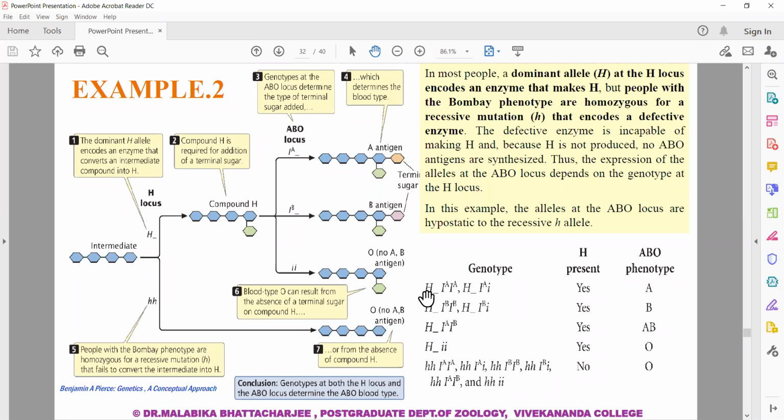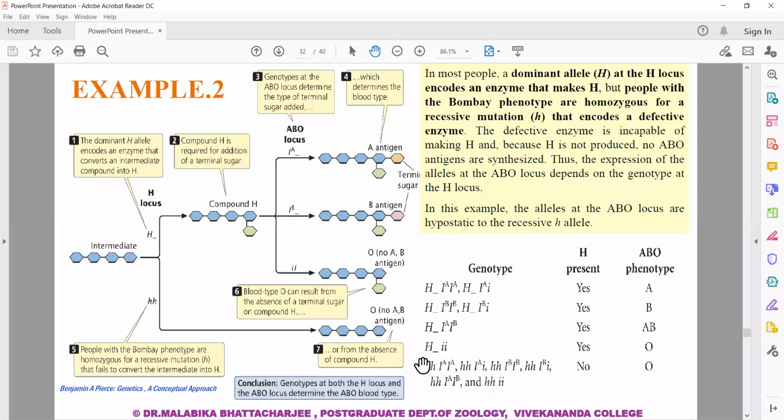These are haplosufficient genes. Again, for the B blood group, we have the H compound, and the blood group allele is IBIB or IBIO. For the AB blood group, we have the H compound and the blood group alleles are IA and IB. As it is codominant, we have AB blood group. Now we have the H antigen, this H compound, and IOIO, no addition of terminal sugars, O blood group. Now we have the mutant.